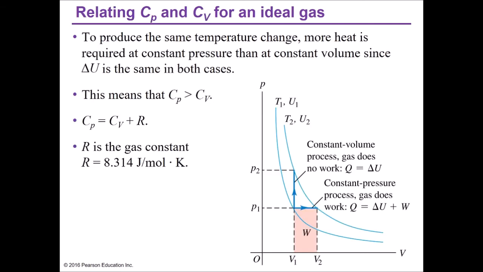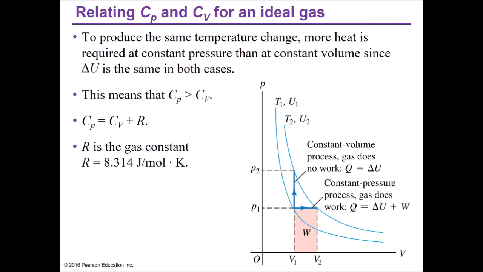All right, so there is going to be a relationship between these two quantities here. Because we already have relationships between heat and work in the first law of thermodynamics, it makes sense that there would be a relationship between these quantities here. So you're going to need more heat at constant pressure than at constant volume.